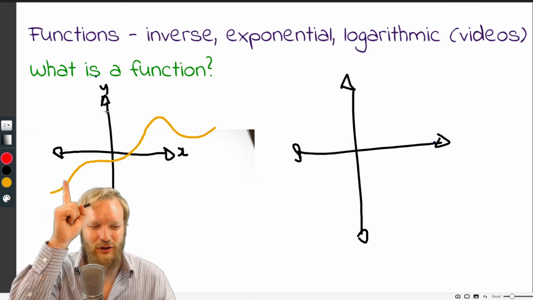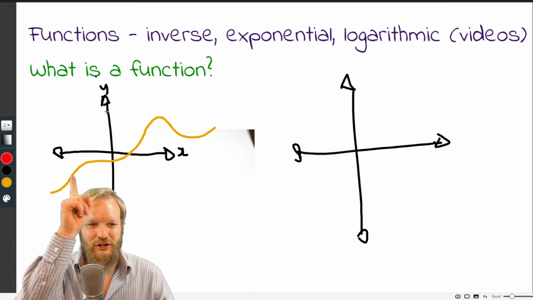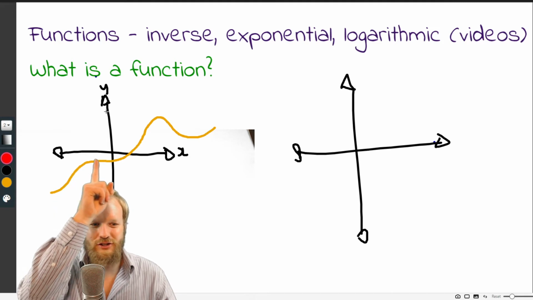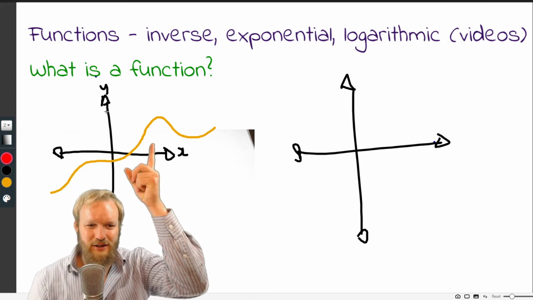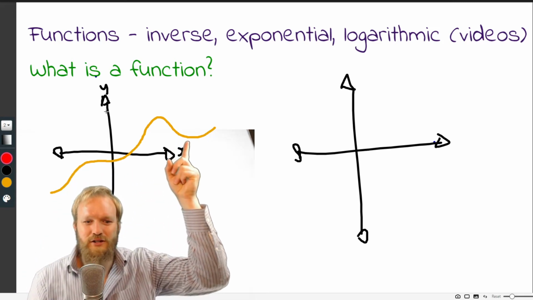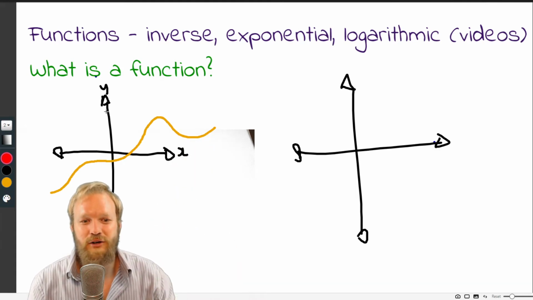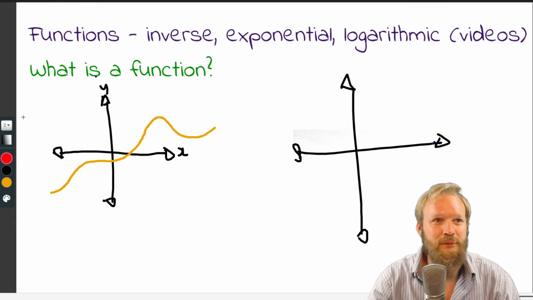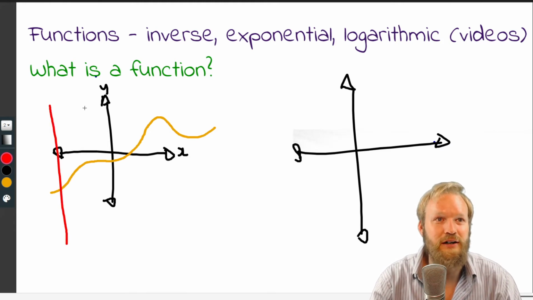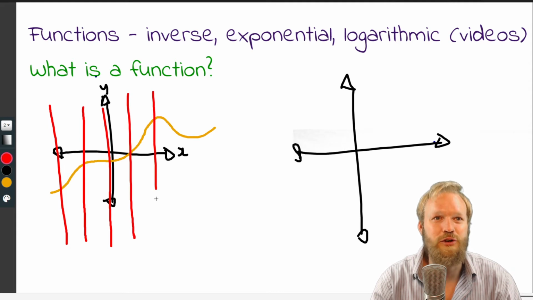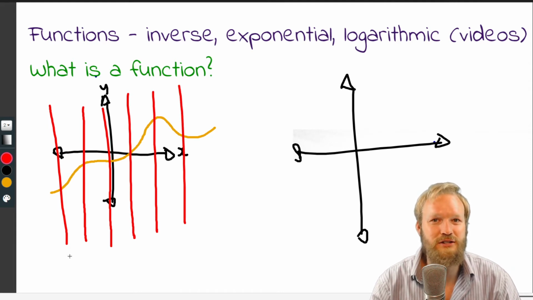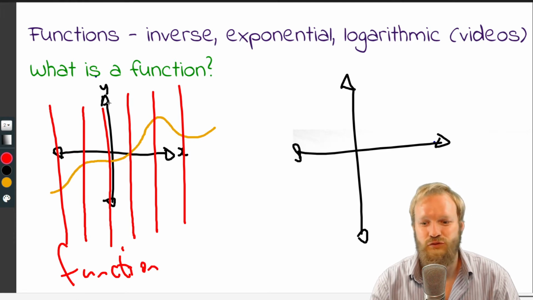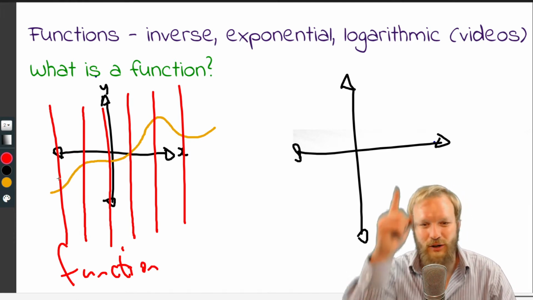If we draw a vertical line, it's only going to touch the graph once, no matter how far we go. So draw a vertical line like mine, and no matter where you draw it, it's only going to cut it once. So therefore, function. For every x value, there's only one y value.